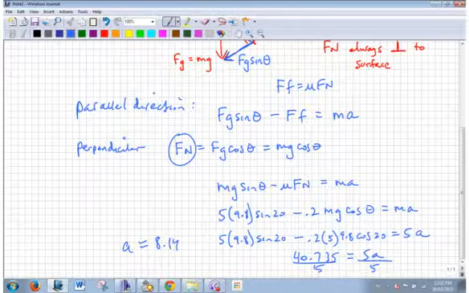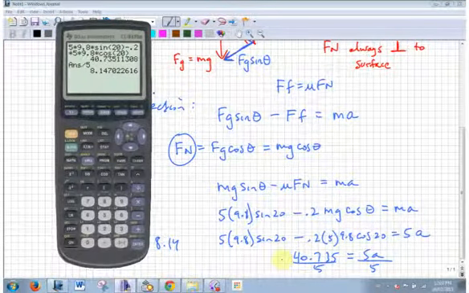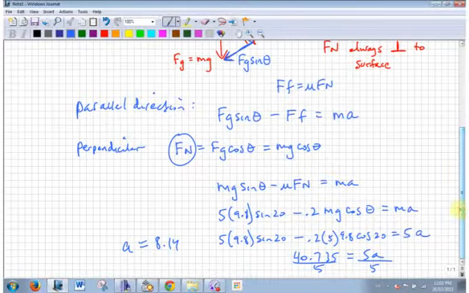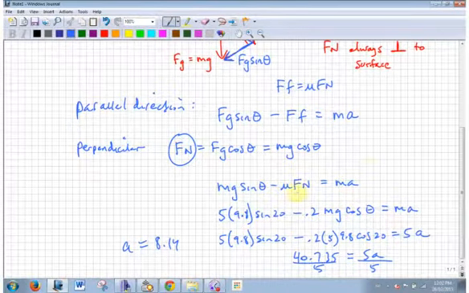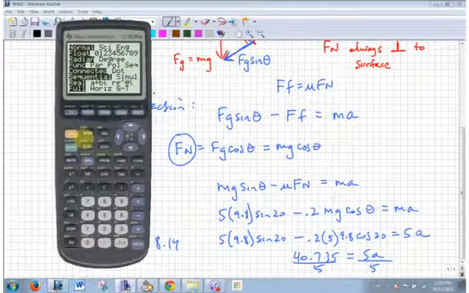Which is not what I got when you did this? Oh. Okay, what's going on? Fn is mg cosine theta, mu Fn, mu mg cosine theta. Nine degrees?